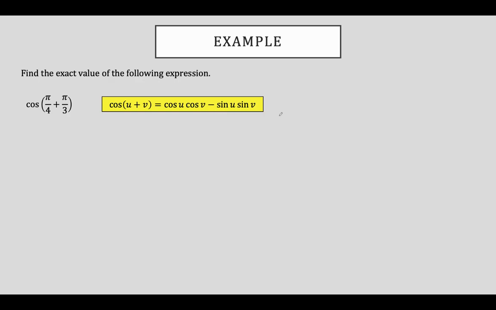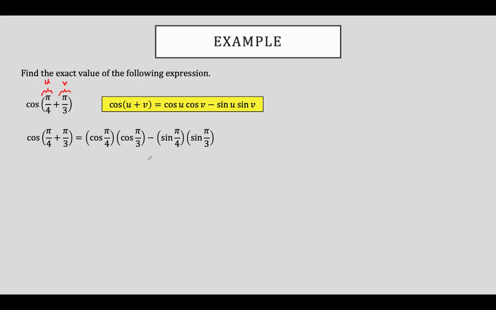Utilizing this formula, notice we can think of this first quantity, pi over 4, as being our u, and this second quantity, pi over 3, as being our v. We can rewrite the expression as the cosine of pi over 4 times the cosine of pi over 3 minus the sine of pi over 4 times the sine of pi over 3.